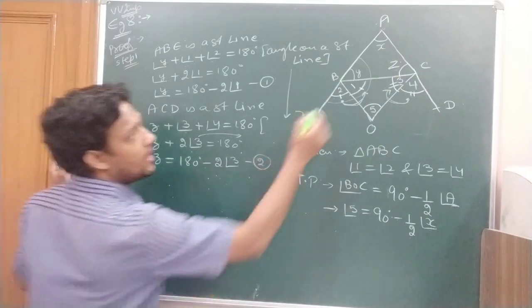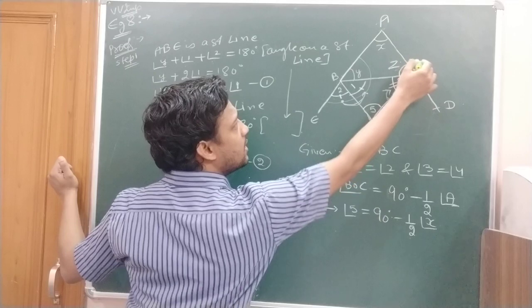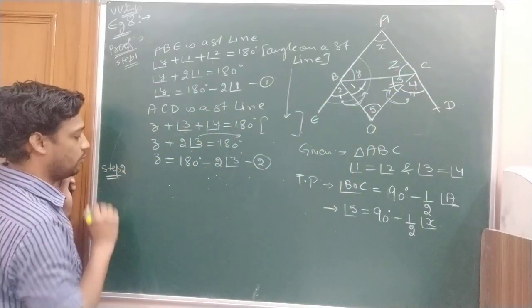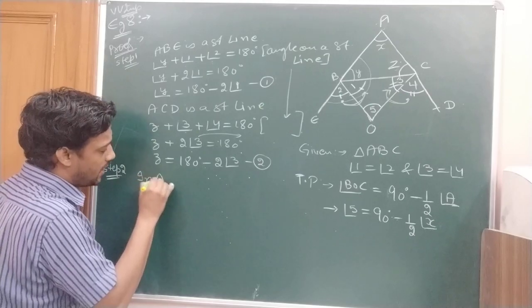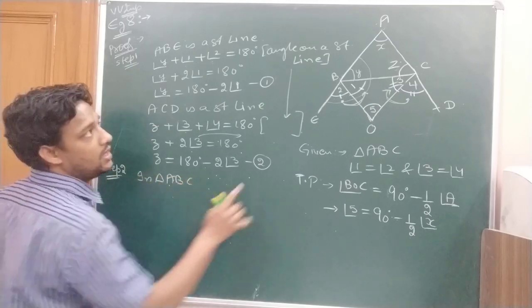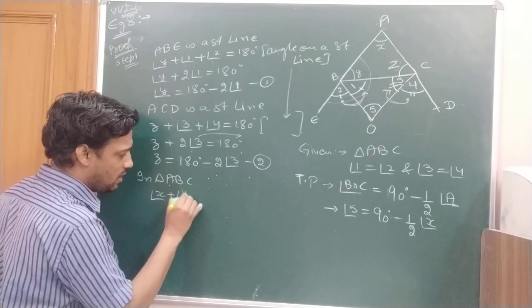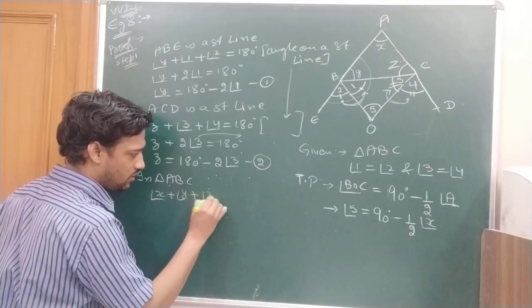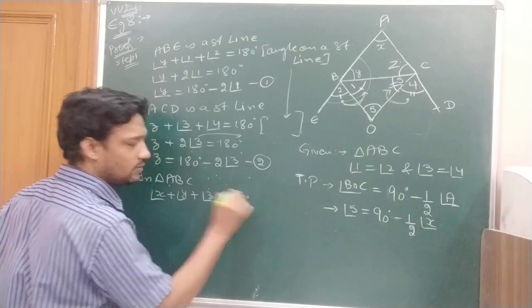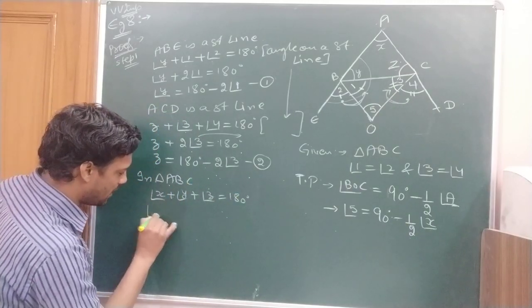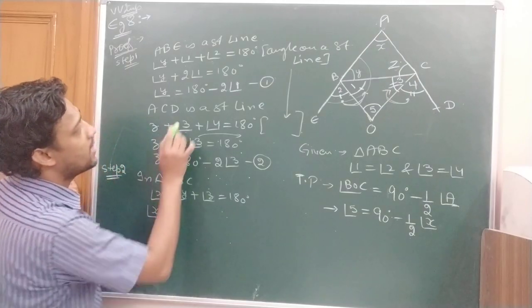Now, in triangle ABC, step 2. In triangle XYZ, angle X plus angle Y plus angle Z equals 180 degree. Now, angle X as it is. What is angle Y?